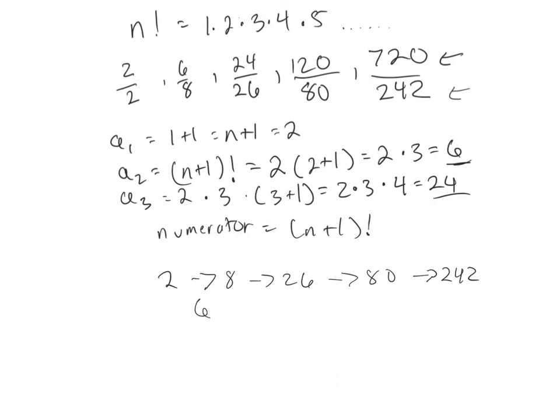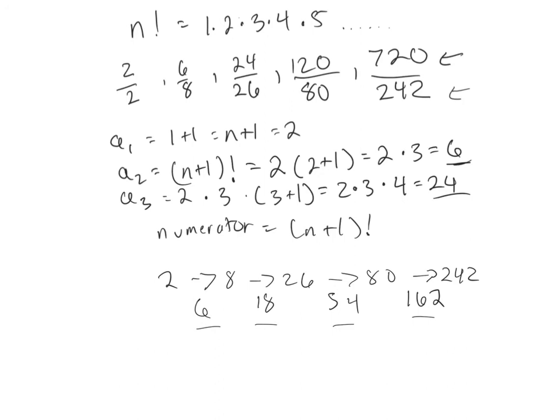And then from 8 to 26, it's growing at a rate of 18. And 26 to 80, it's 54. And 80 to 242, there's a difference of 162. And then notice that they all have something in common. They all are factors of 3. They're also all factors of 2.